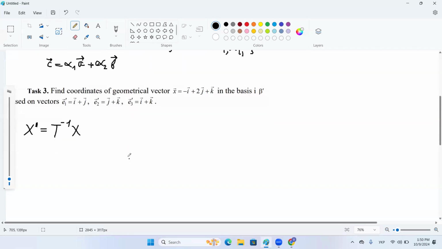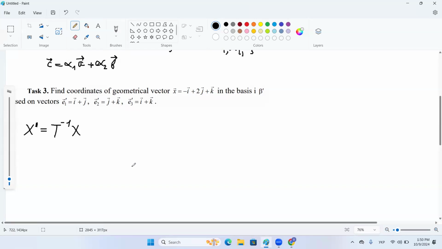And how to do it? Do you remember maybe how to build such a matrix in this task? How will it look like? Bogdan?